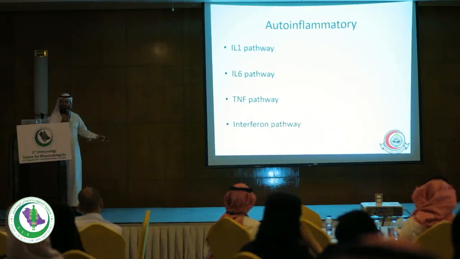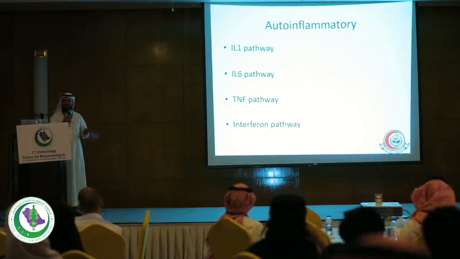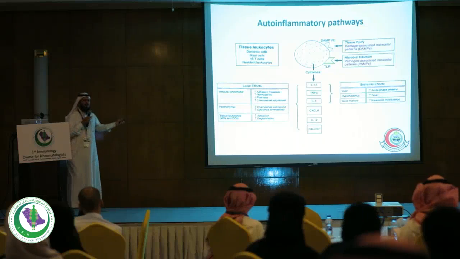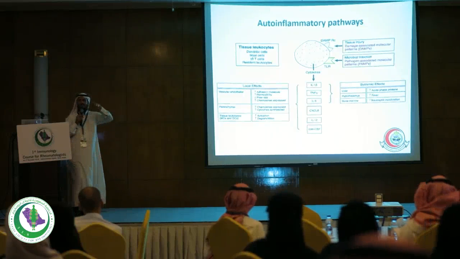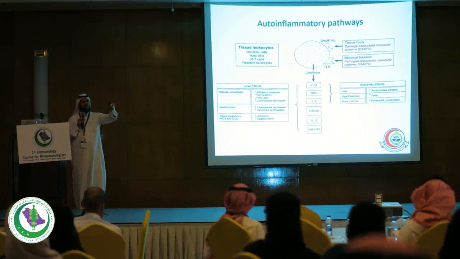Just measure cytokines intracellular or extracellular, then block the pathway affecting the patient. In the auto-inflammatory pathway, we have IL-1, TNF-alpha is important for IL-1, IL-6, and Abdurrahman is smiling.